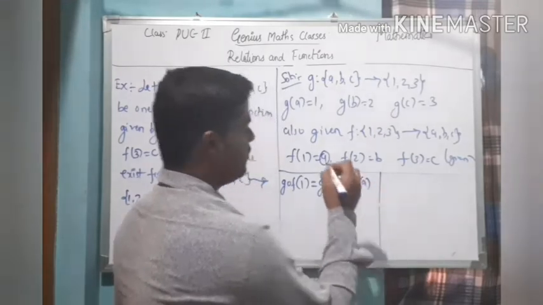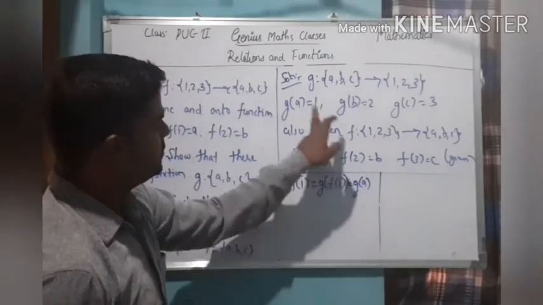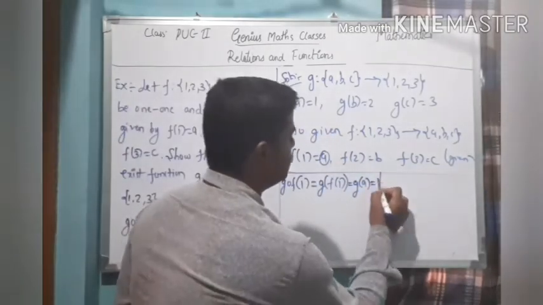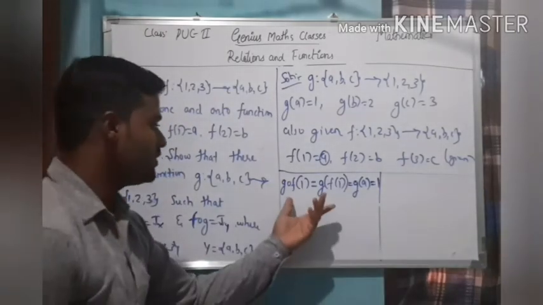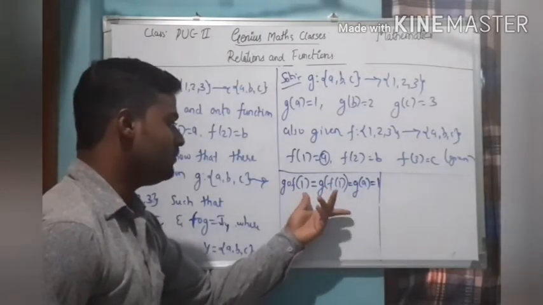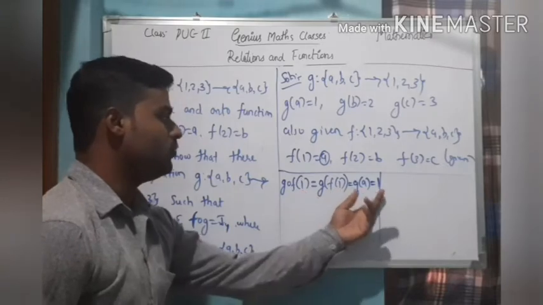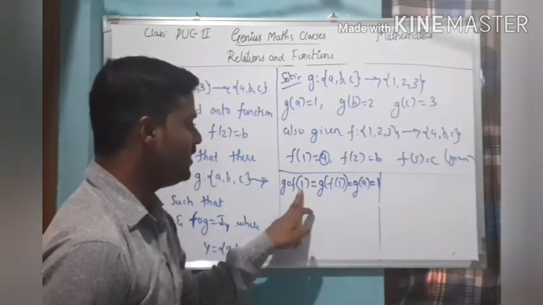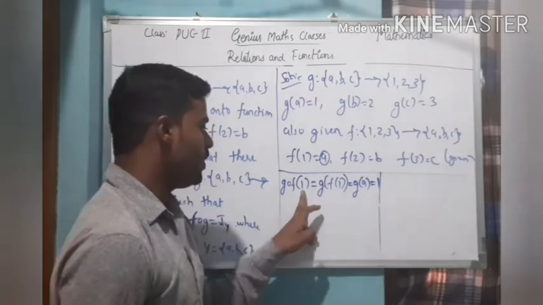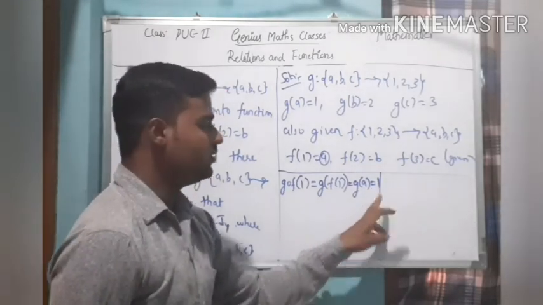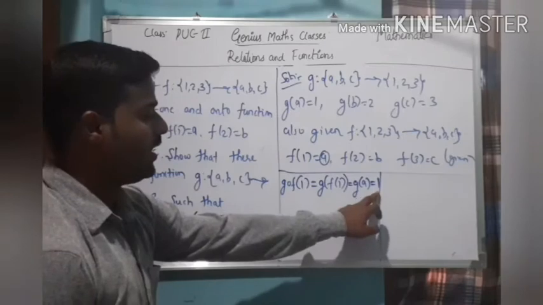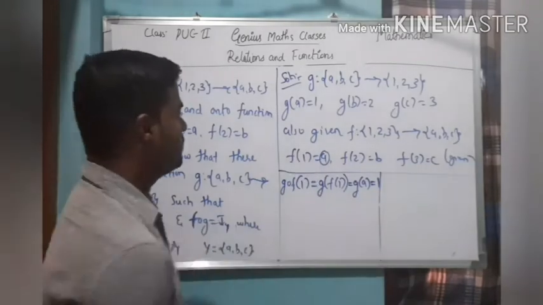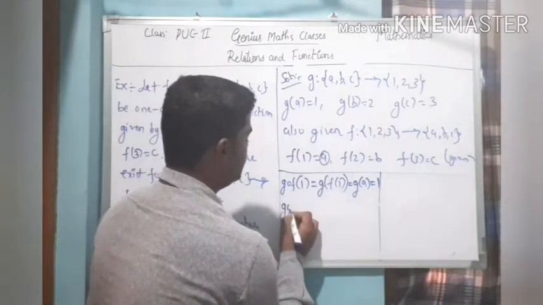Therefore, this is g of a. So what is g of a? g of a is again 1. By this we have seen that g naught of f of 1 equal to 1. That means this element has the same image. Now consider 2.